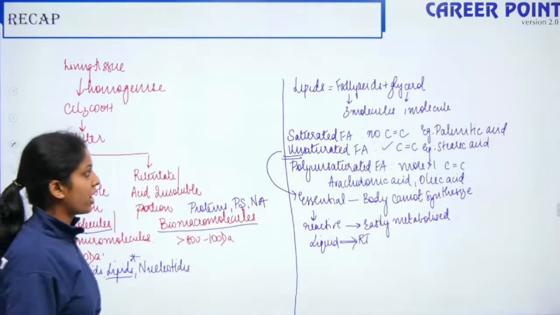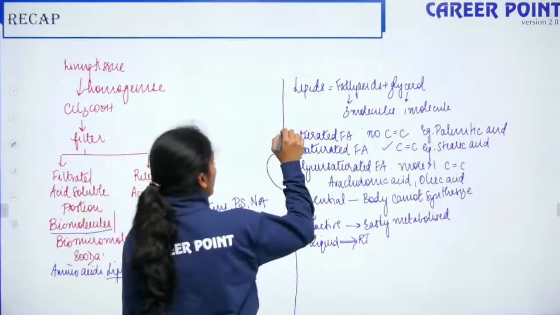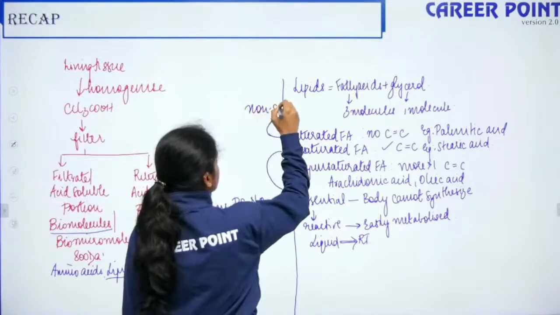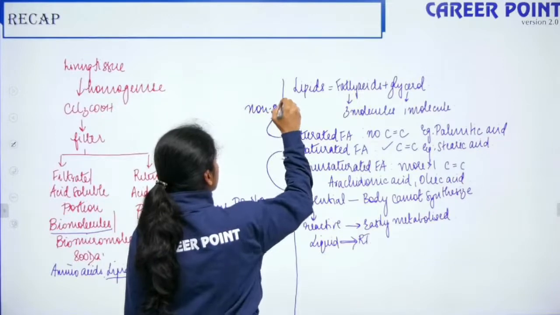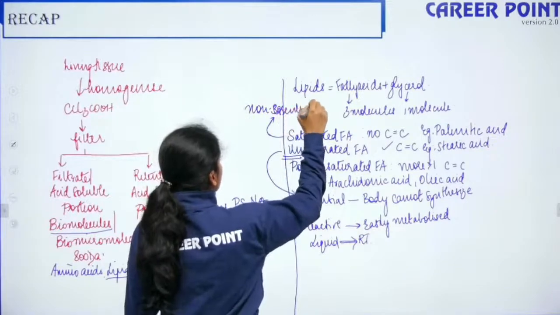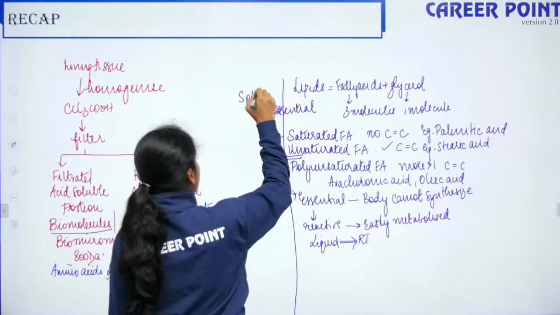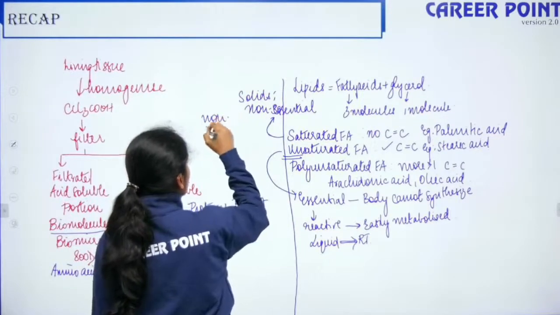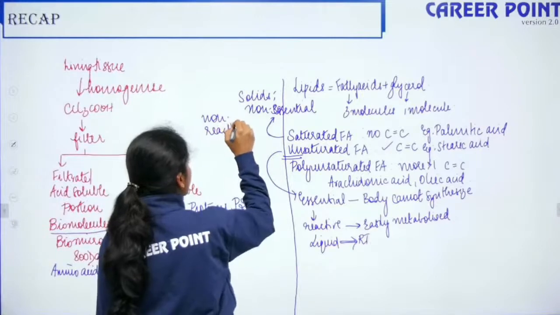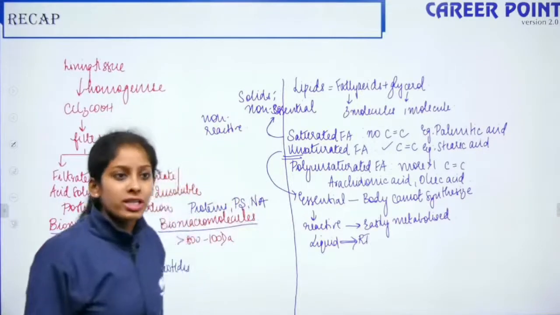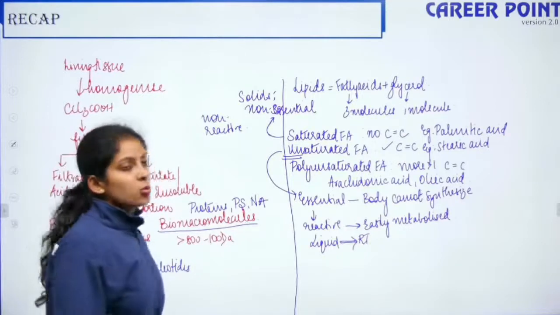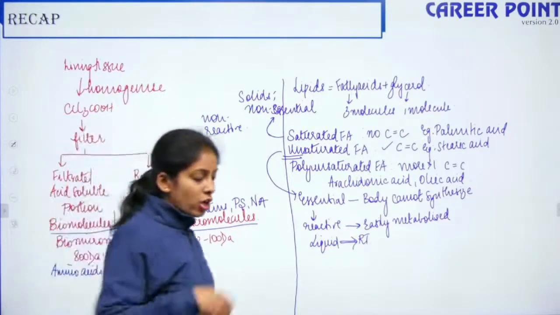Your saturated fatty acid is non-essential. They are solids at room temperature and they are non-reactive. So they cannot easily get metabolized and they get stored in your body as cholesterol, etc., thus causing obesity. This is what we read about fats and about lipids.